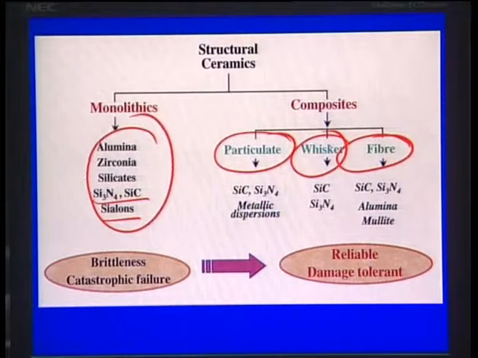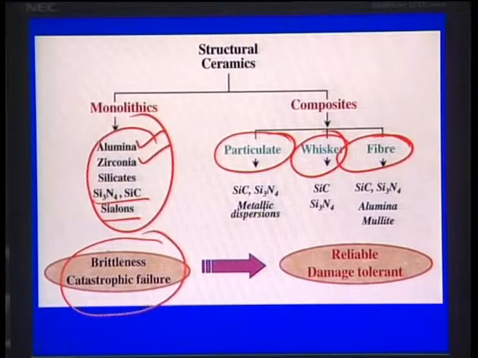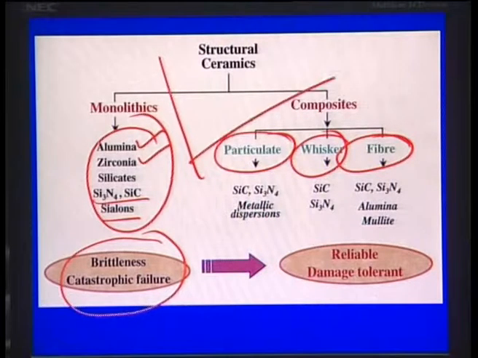Monolithic means simple monolithic ceramic without any second phase reinforcement, and monolithic ceramics are extremely brittle. Catastrophic failure means that if you plot the stress strain curve, it goes straight to failure. There is no deformation here.